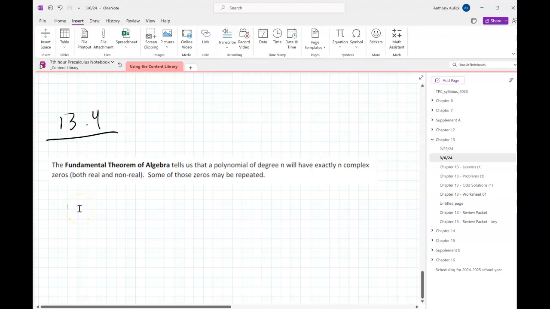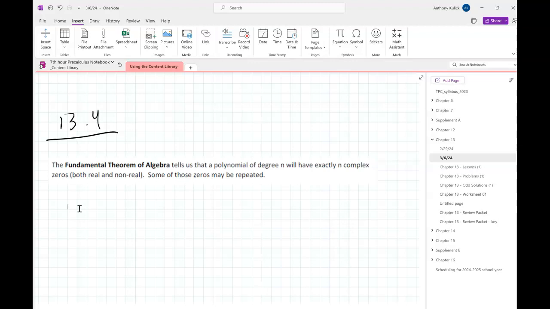Well, this new theorem called the fundamental theorem of algebra says, no, no, no, no. We can do better than that. The number of solutions is the degree of the polynomial, provided we count real solutions, complex solutions, and multiplicities.